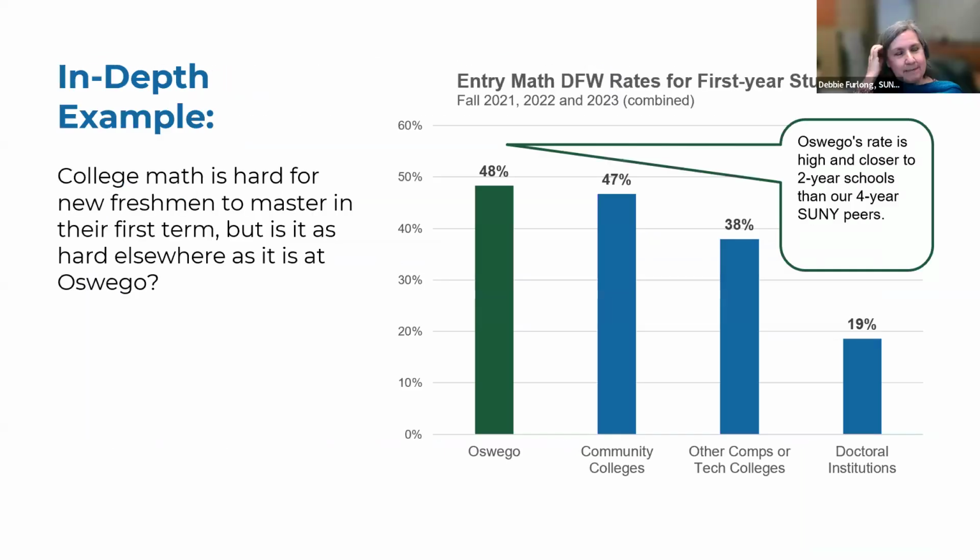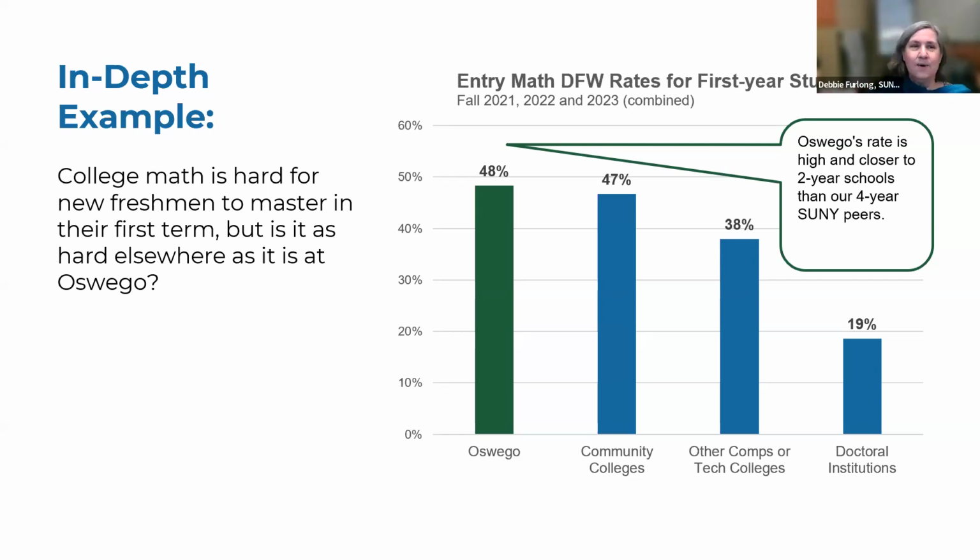So this in-depth example is one where I've dug into one of the SUNY data sets that tracks the grades that students get in every course that they take at every SUNY institute every semester for the past 20 years. It's a big, big data set.